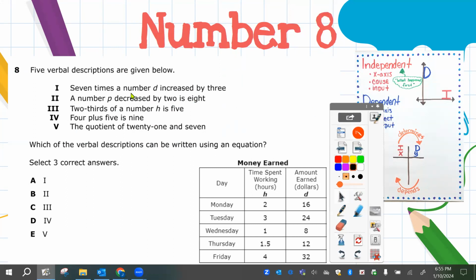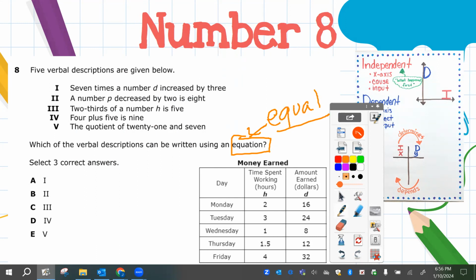Number 8 says 5 verbal descriptions are given below. It says which of the verbal descriptions can be written using an equation. Select 3 correct answers. Now, we haven't talked too much about this yet, so let's look at it together. First of all, an equation has almost the whole word of equal.